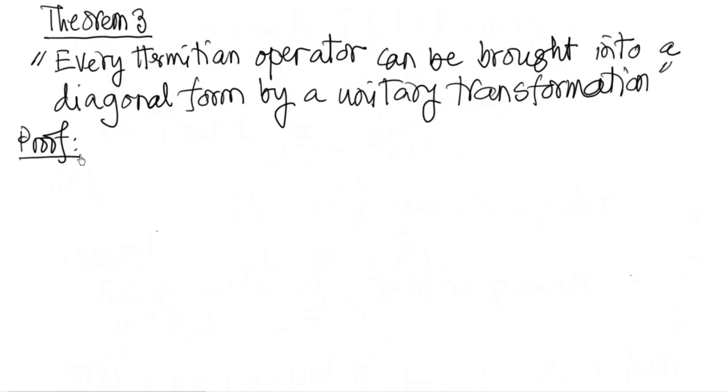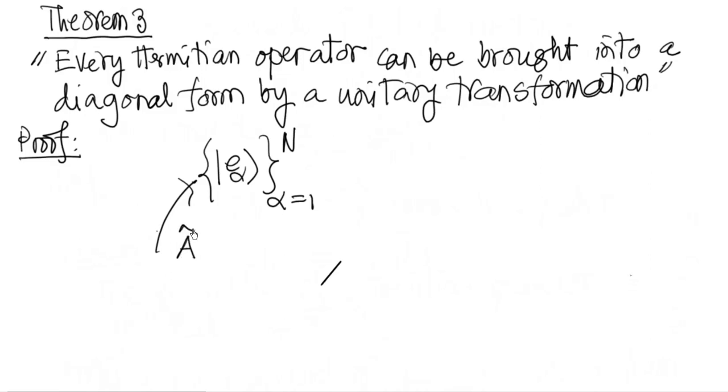Let us consider a Hermitian operator A in the basis vector set ket E alpha, where alpha runs from 1 to capital N, where capital N is the dimension of the Hilbert space. So we define the Hermitian operator A in this coordinate system.